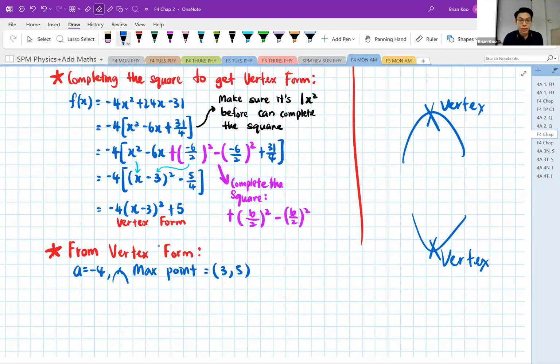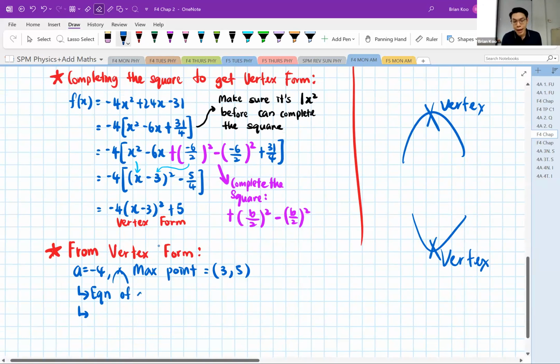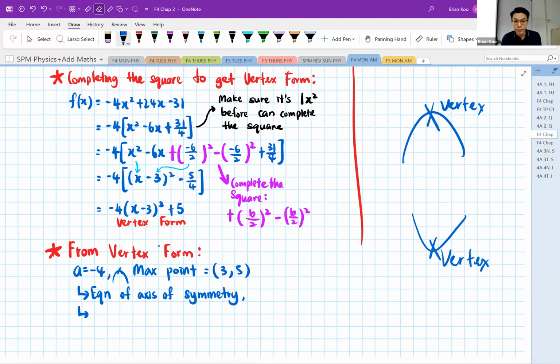But remember, from this one thing, they can phrase it different ways, and they can ask you 2 other things. For example, they can ask you, what is the equation of axis of symmetry? That's one. You just say x equals 3.